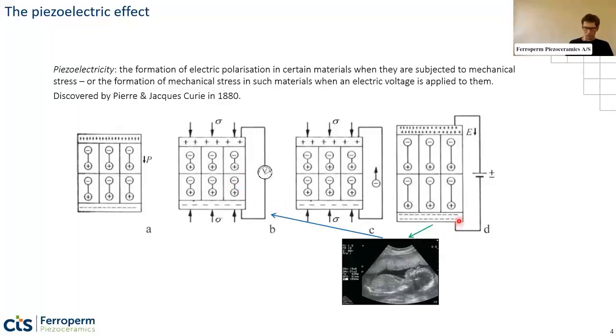So sound generation through the converse effect, and then detection of sound echoes through the direct effect. And by keeping track of the time differences, you can see the difference between something very close to the sound emitter up here and something far away, because the time of flight will be different.